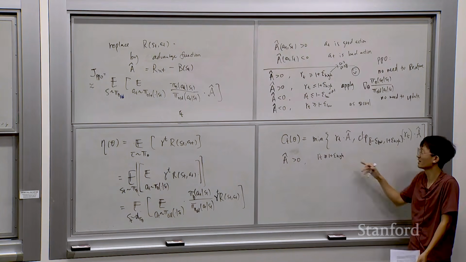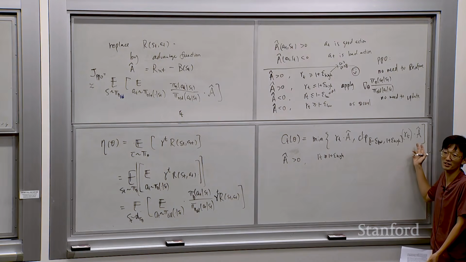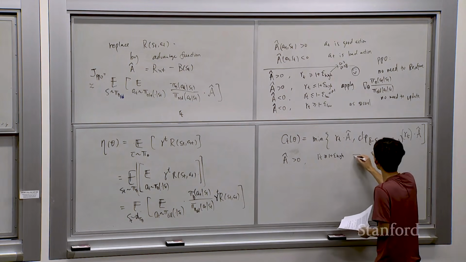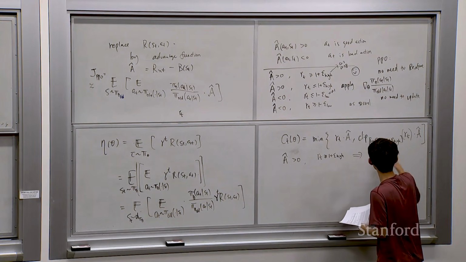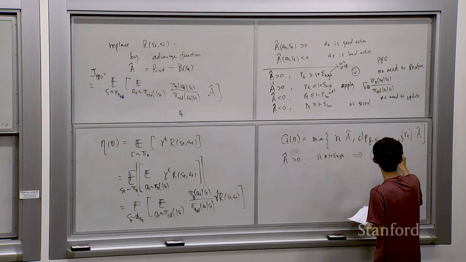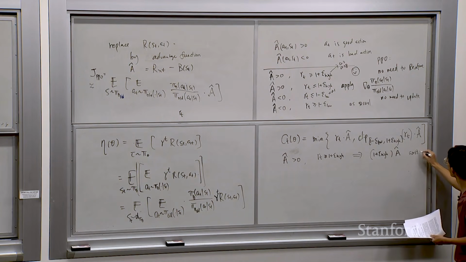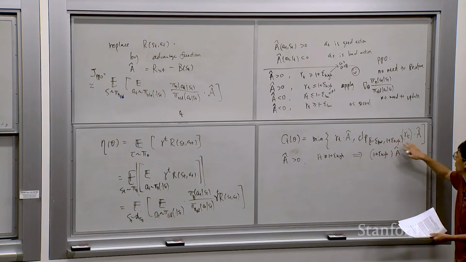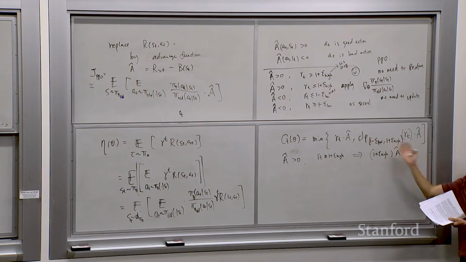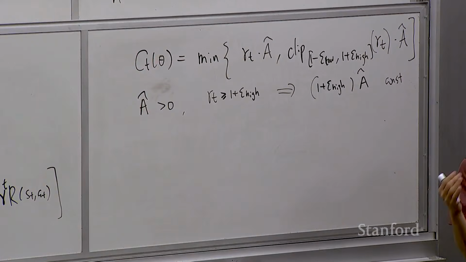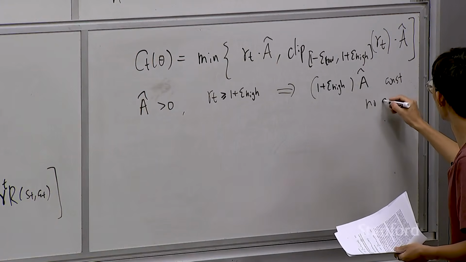This is 10 times A hat, and this is only 1 plus epsilon high times A hat. So the value will come from this part, 1 plus epsilon high times A hat. And because this is a constant, there's no gradient. The clipping doesn't have any gradient. If you clip, it's not a variable of theta, so there's no gradient.